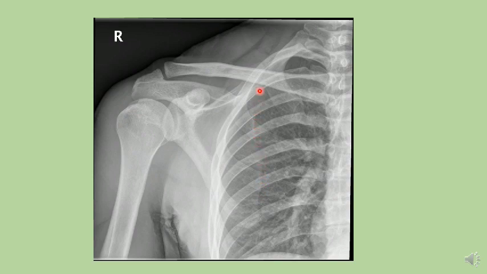This becomes upper angle of scapula, and this is coracoid process of scapula, and this is spine and acromion process of scapula. And this is lateral end of clavicle. This is medial end of clavicle.